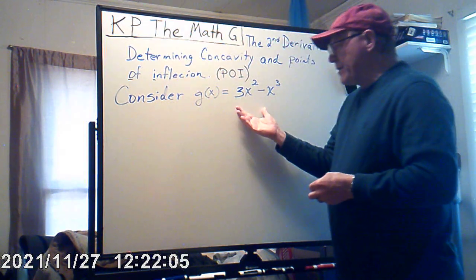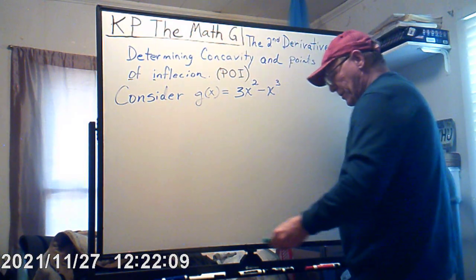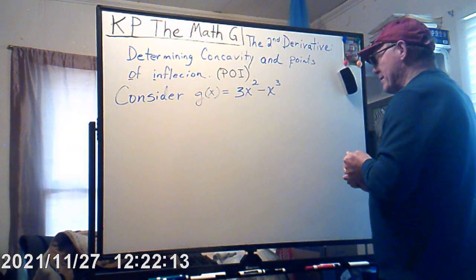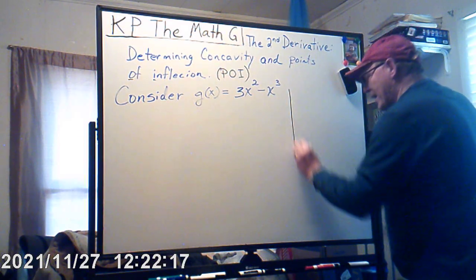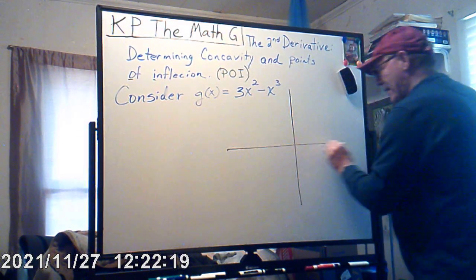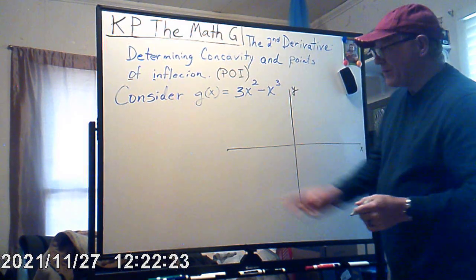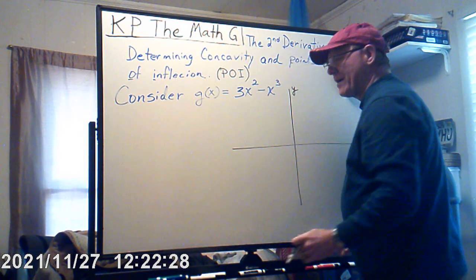So what we want to do is, first of all, take a little time to draw this graph. I already have it drawn, but I don't have it drawn up here, so let me take a little time off to the side. It's going to have to be a little bit small because I need room to work with the first and second derivative here.